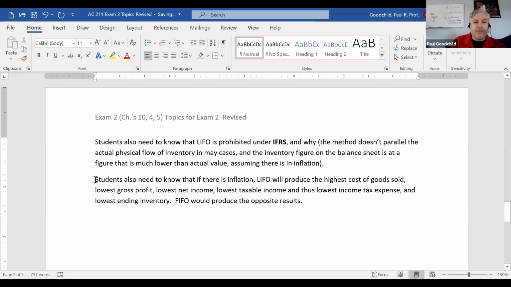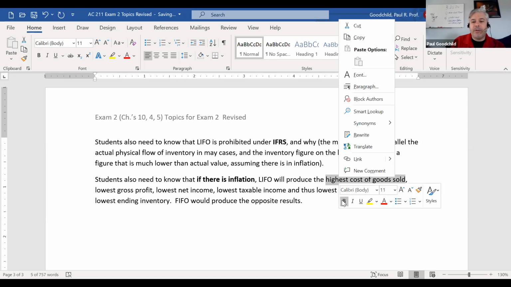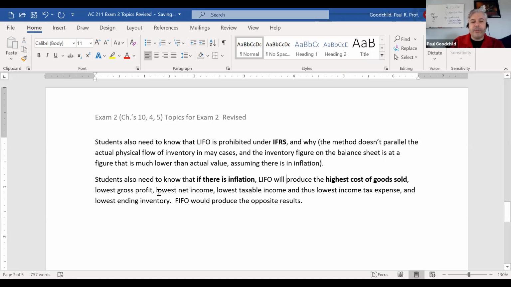And then just the general rule that we talked about. If there is inflation, LIFO will produce the highest cost of goods sold, which inflation is typically what we expect. Rarely do we experience an event like we're experiencing now.